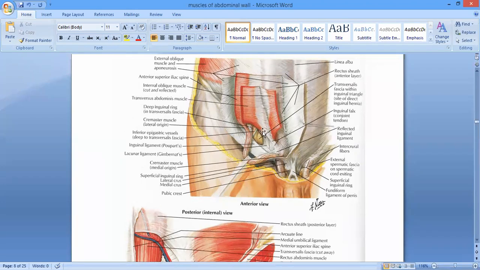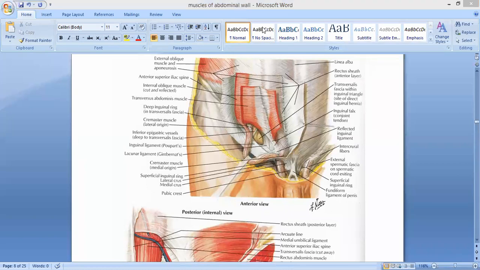What is the conjoint tendon? What is the conjoint tendon? Who will tell me? I told you to read before coming; if you don't read, there is no benefit. What is the conjoint tendon? Afra, Miss Afra Ramzan.